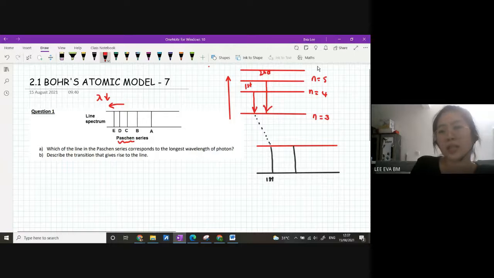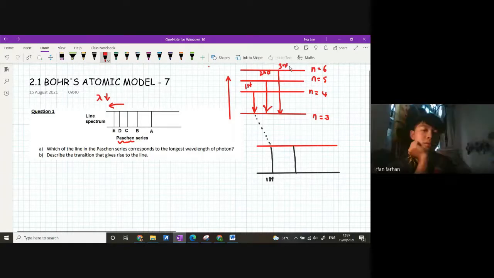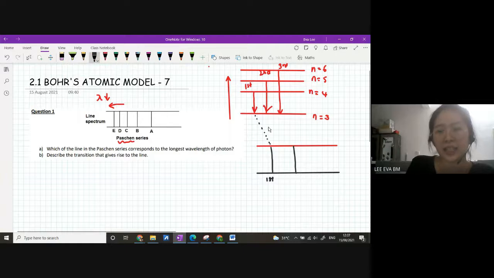Okay, so let's say this one is our energy level 6. So from 6 to 3 is which line? Is our third line, isn't it? Third line. Okay, so here, the distance will be even closer.